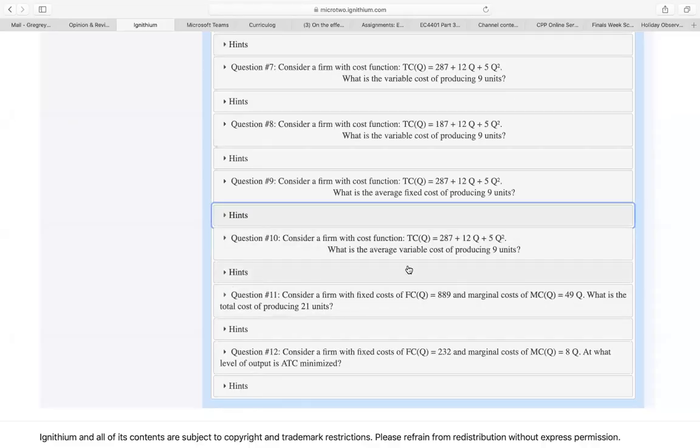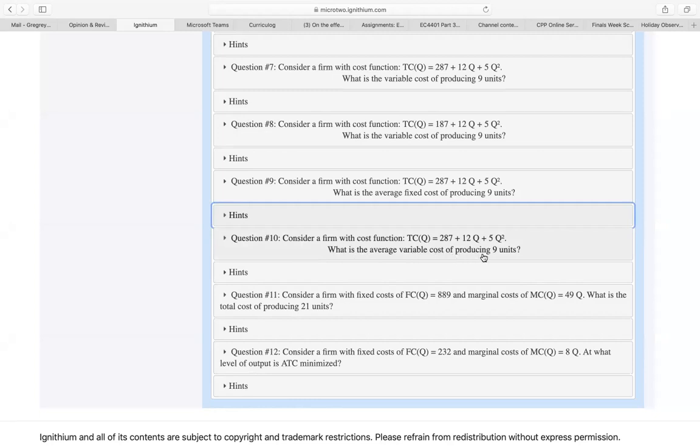Okay, so for number 10, I'll ask you first, Brian. Number 10, I got 57, 57 for the average variable cost. Do you agree, Scott and Hung, 57? Yeah, I agree. 57. Yes.